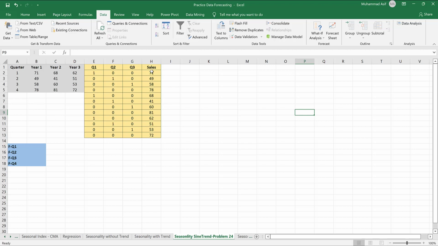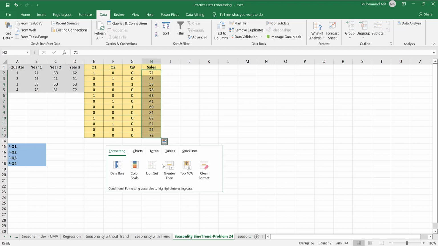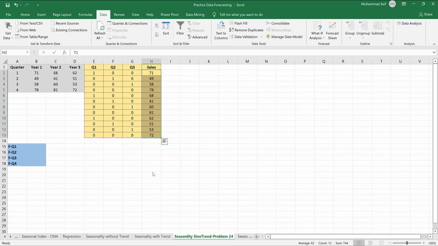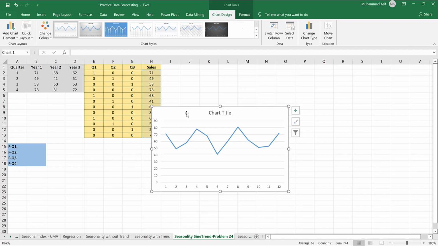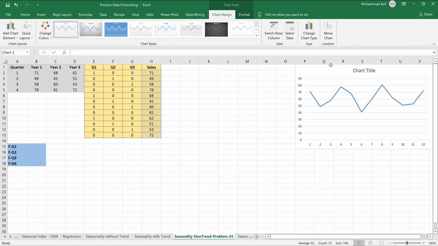And again the first thing is that we want to see whether there is any trend in this one or not. There is no trend, which means we are only dealing with quarters, with forecasting of different seasons.